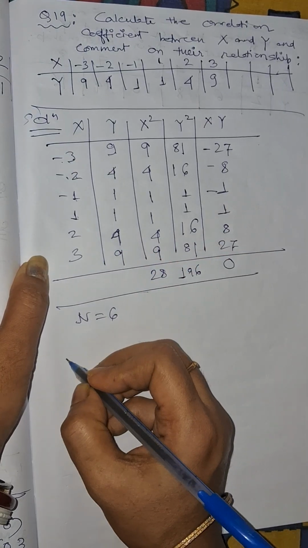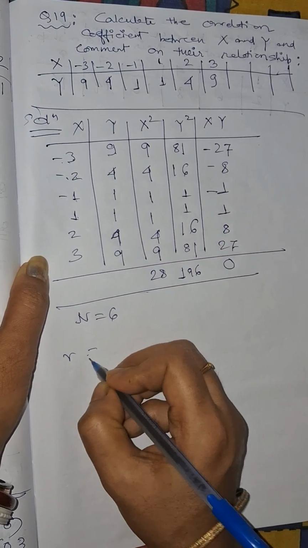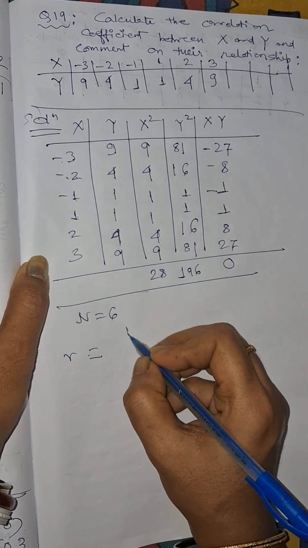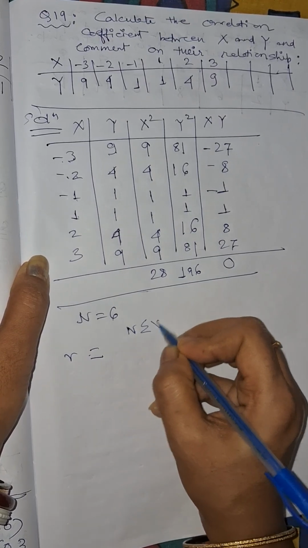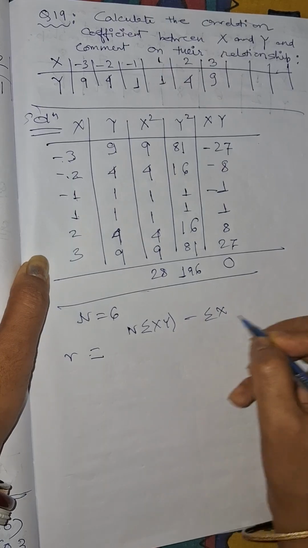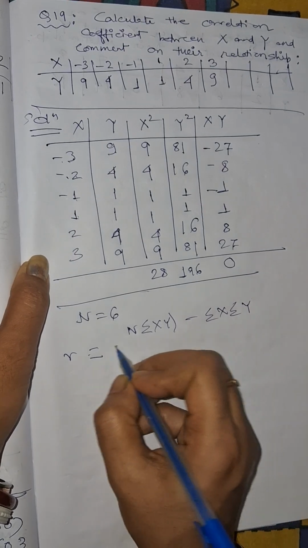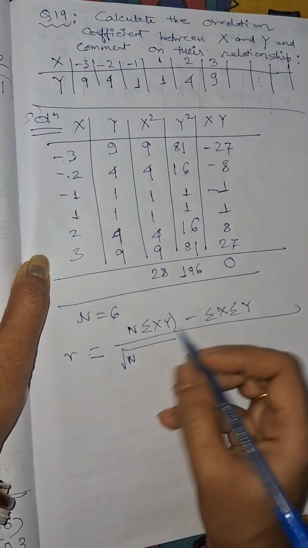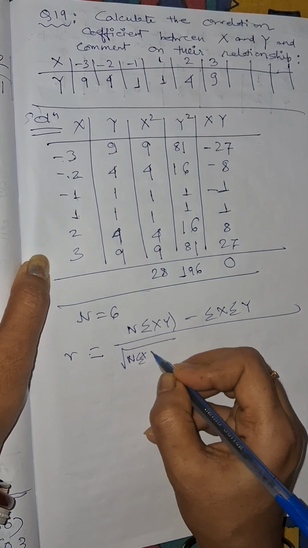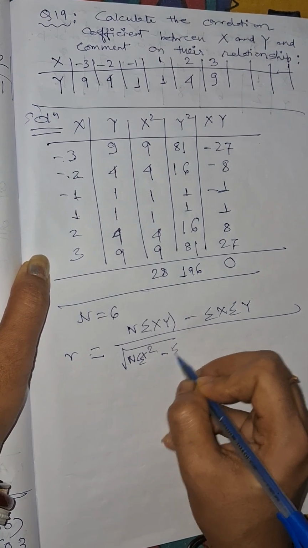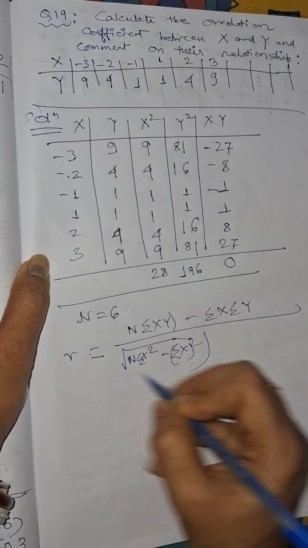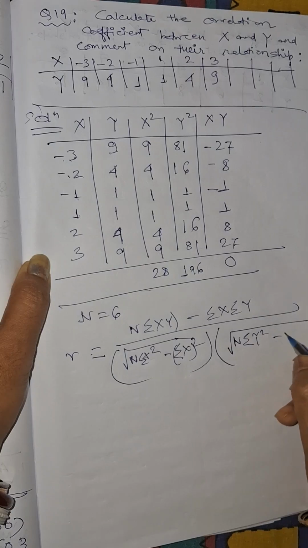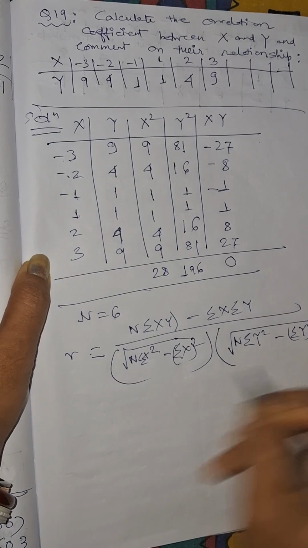So what we do in the formula is r is equal to Karl Pearson's correlation coefficient, which is, again we write, n into summation of xy minus summation of x into summation of y by root over of n into summation of x square minus summation of x the whole square into root over of n into summation of y square minus summation of y the whole square.